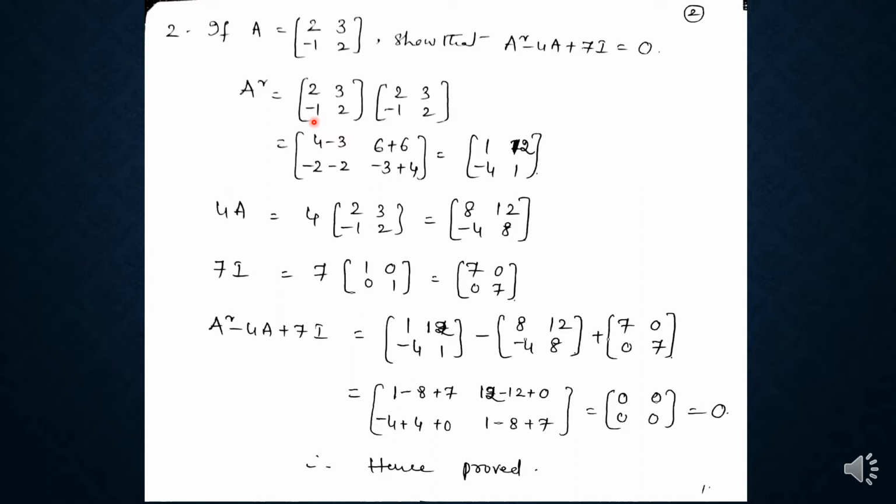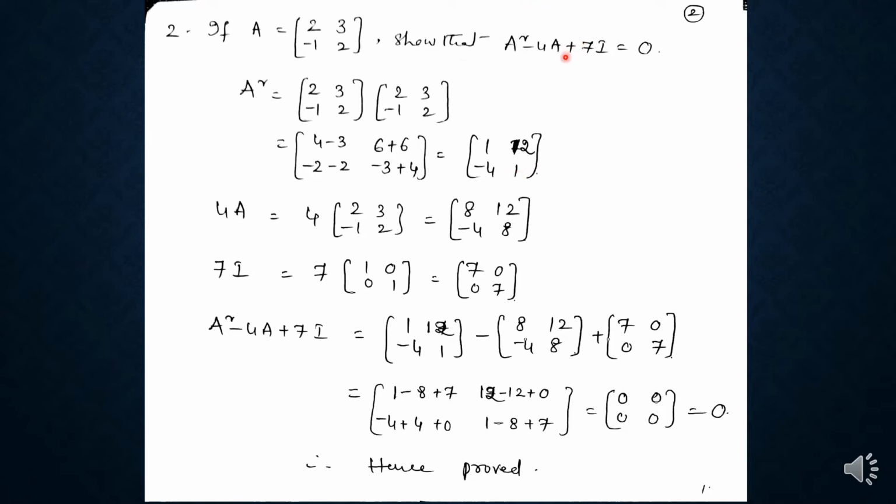And second row into second column: minus 1 into 3, minus 3, plus 2 into 2, plus 4. That is 4 minus 3, that is 1. 6 plus 6, that is 12. Minus 2 minus 2, that is minus 4. Minus 3 plus 4, that is 1. So the value of A square is [[1, 12], [-4, 1]].